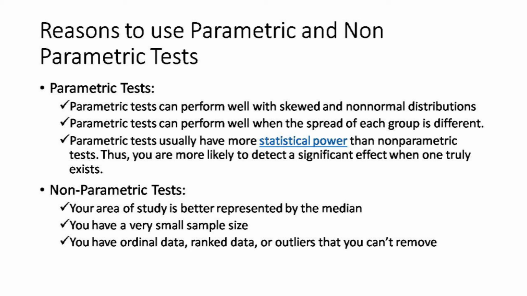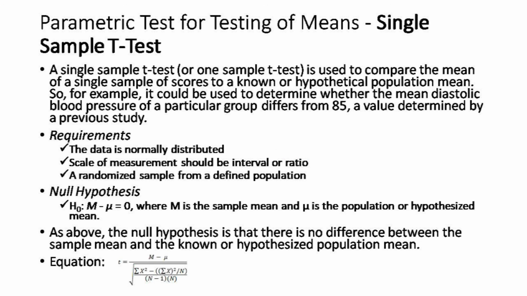So depending on the availability of the data and the conditions stated, we can decide whether to go for a parametric test or a non-parametric test. Now, let's proceed on to the parametric test for testing of means. In the previous lesson, we dealt with testing using Z statistic, and we even took up the case of single sample t-test.